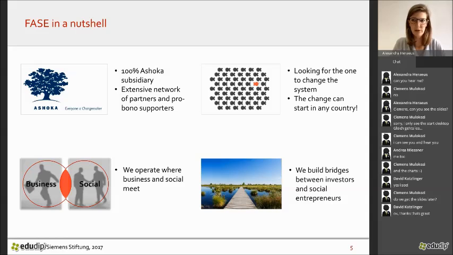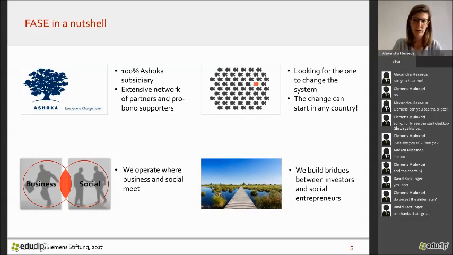For Phase, as a daughter company, we focus on the financial part of social entrepreneurship and financing activities. So we basically operate between the 2 worlds of the social organizations and the business world, which is usually the investors that want to use impact investments to help the social entrepreneurs.